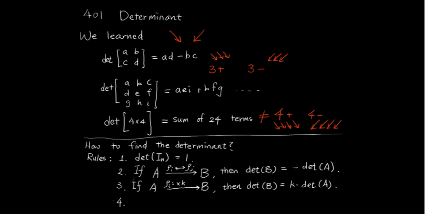The last one is you take one row, multiply by a scalar, and then add it to another row. Let's say I want to change the ith row, but this ith row is obtained by the ith row itself plus k copies of the jth row.